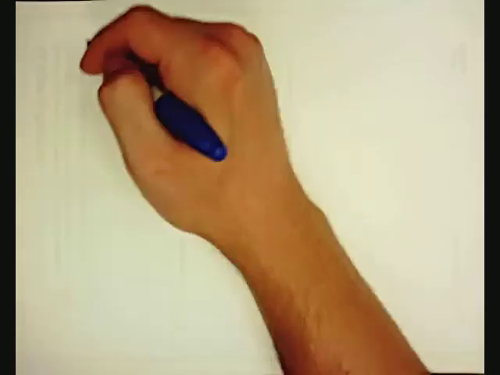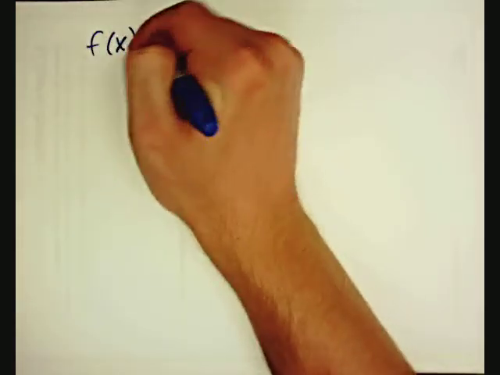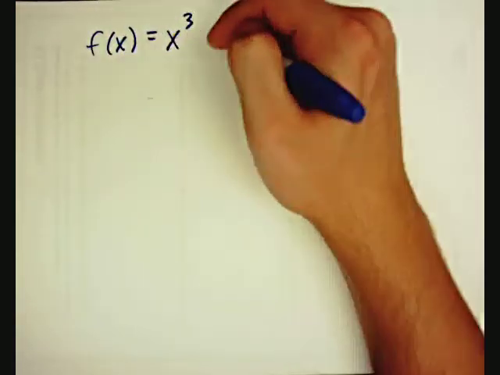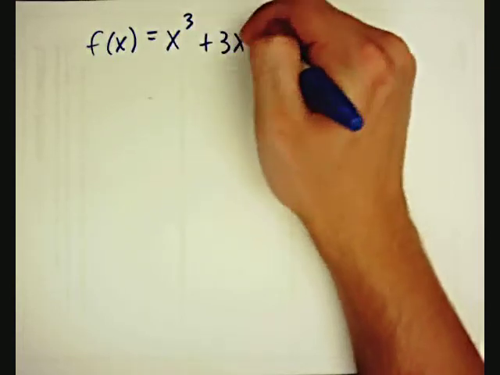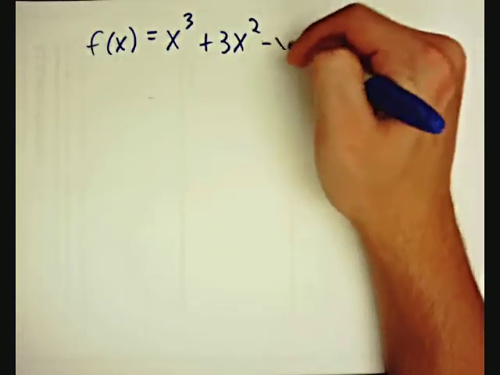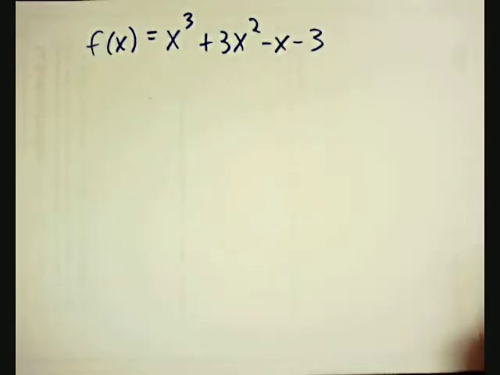Example 4: find the zeros of f of x equals x cubed plus 3x squared minus x minus 3. So again, for now, we'll do this by factoring. Four terms, you should think factoring by grouping.